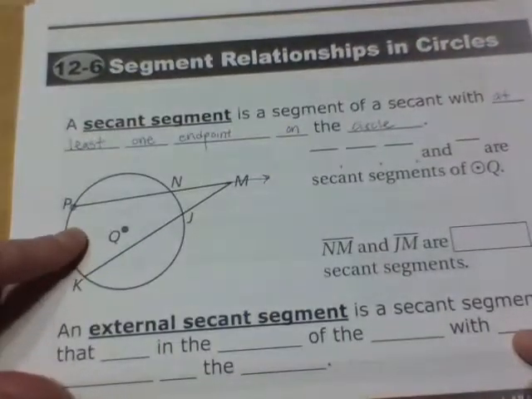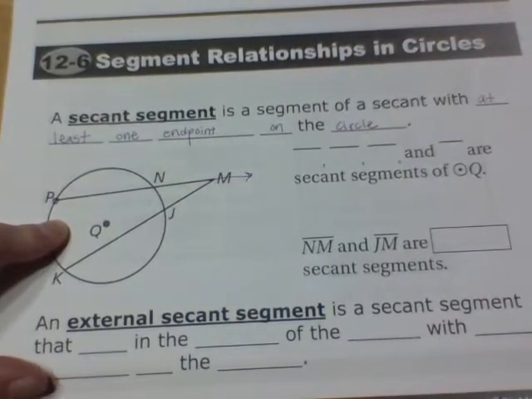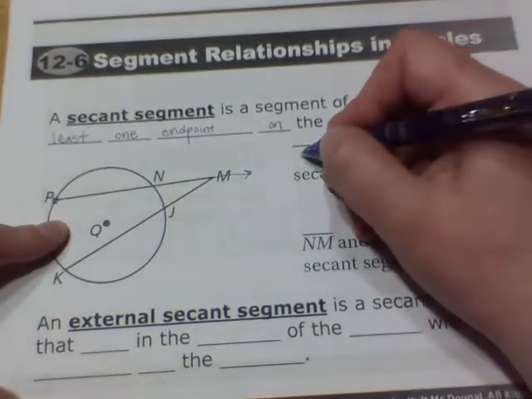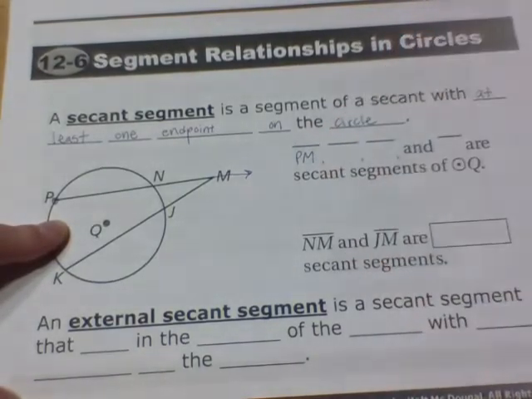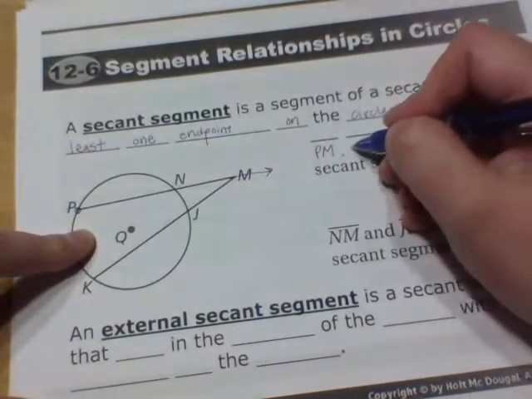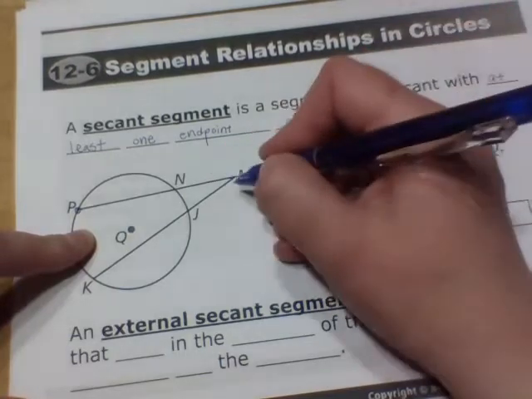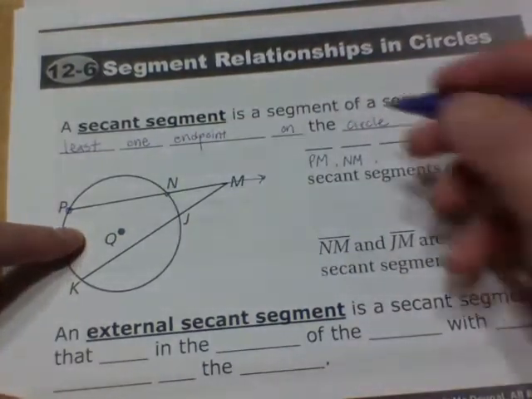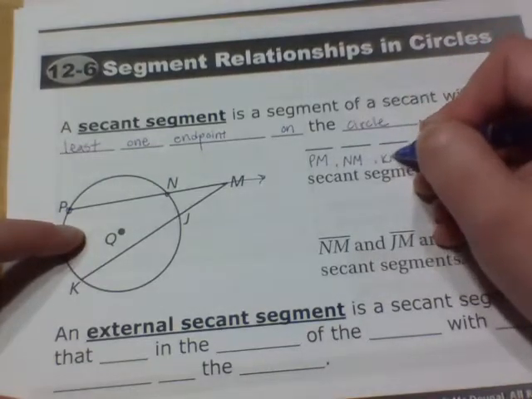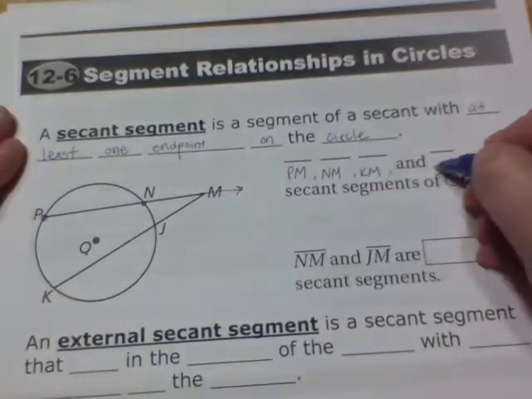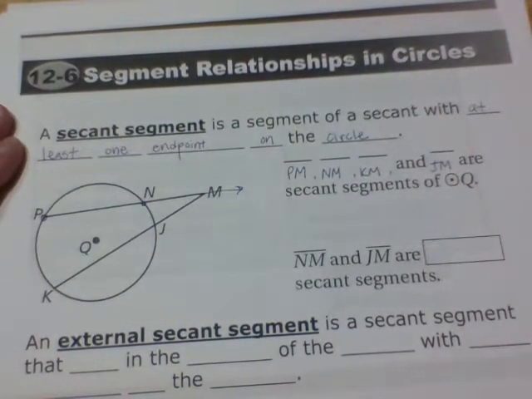So that's point P. And so PM is a secant segment. Turns out NM is also a secant segment because notice it has one of its endpoints on the circle. We also have KM, the one that goes through the circle there, is a secant segment, and then also JM is also a secant segment.